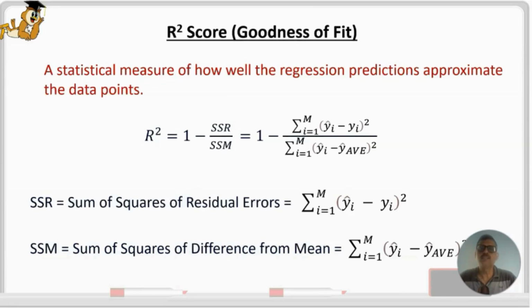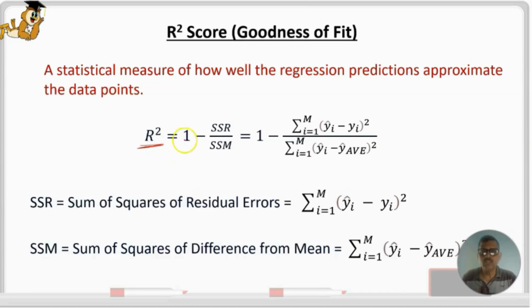It's a statistical measure of how well the linear regression predictions approximate the data points. There is a lot on this slide, but let's work through it. So this is a definition.